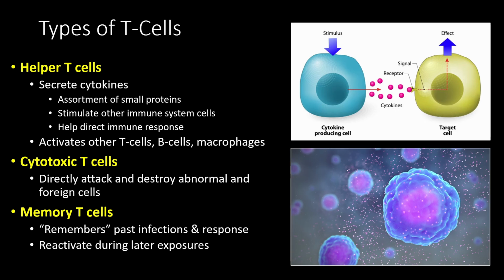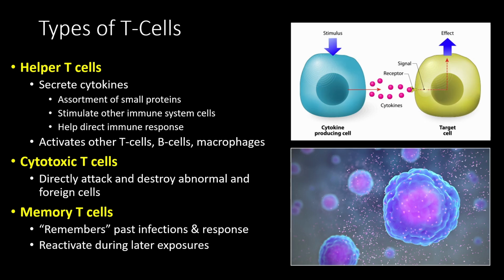It will secrete cytokines, which are a collection of different small proteins that will stimulate a lot of other immune responses, including inflammation, but also activate other immune cells and help direct them. And then they will also go out and actually communicate and activate these other T cells and B cells, and also these macrophages that will start getting involved more directly. So they'll be able to start looking for something specific.